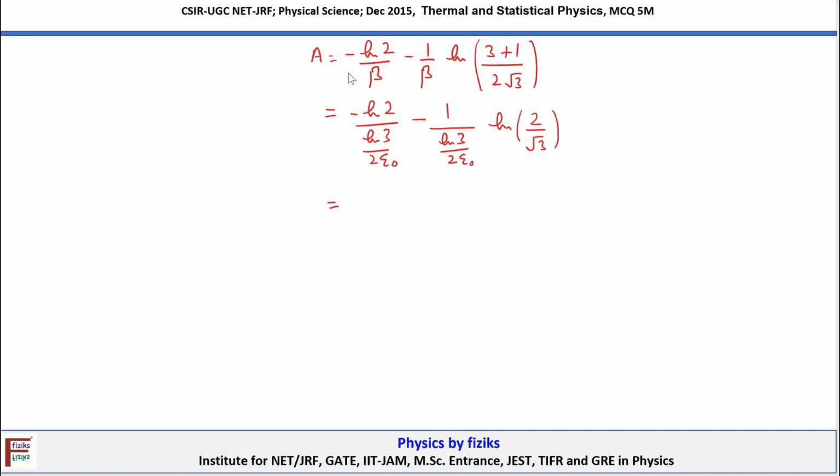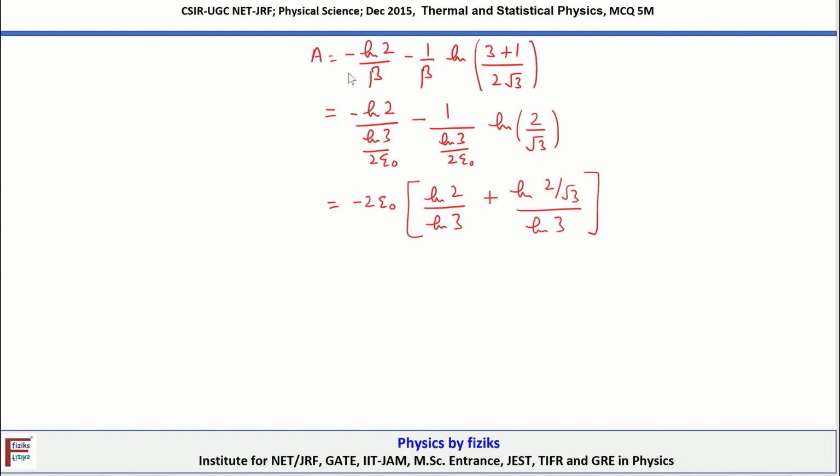So this is equal to minus 2E0 ln 2 upon ln 3 plus ln of 2 by √3 divided by ln 3.